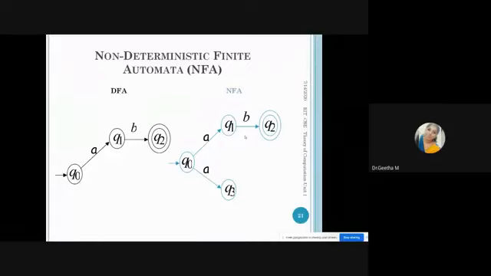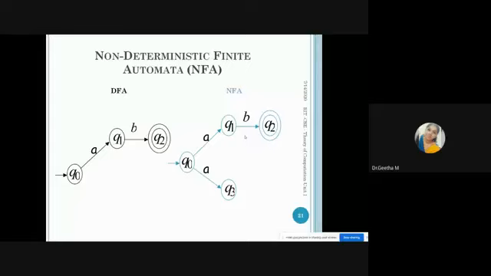What is non-deterministic finite automata? First we should know the difference between deterministic and non-deterministic finite automata. So far we have seen examples of deterministic finite automata. It contains exactly one transition based on the input symbol. See the DFA diagram.